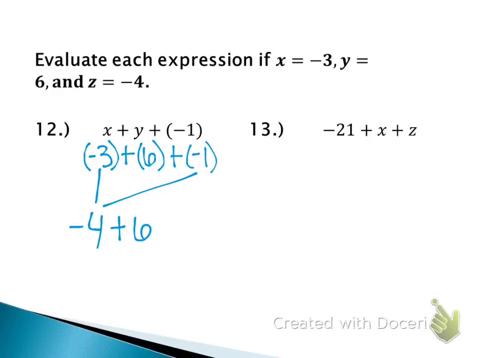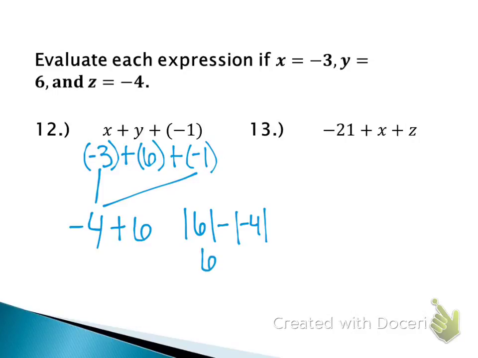This one is a little bit different from the ones we've seen before because the other ones were set up nicely for us. When we subtract the absolute values, we need to make sure we put the number with the bigger absolute value first. So I'm actually going to put the 6 first and then the -4 when I take the absolute values.